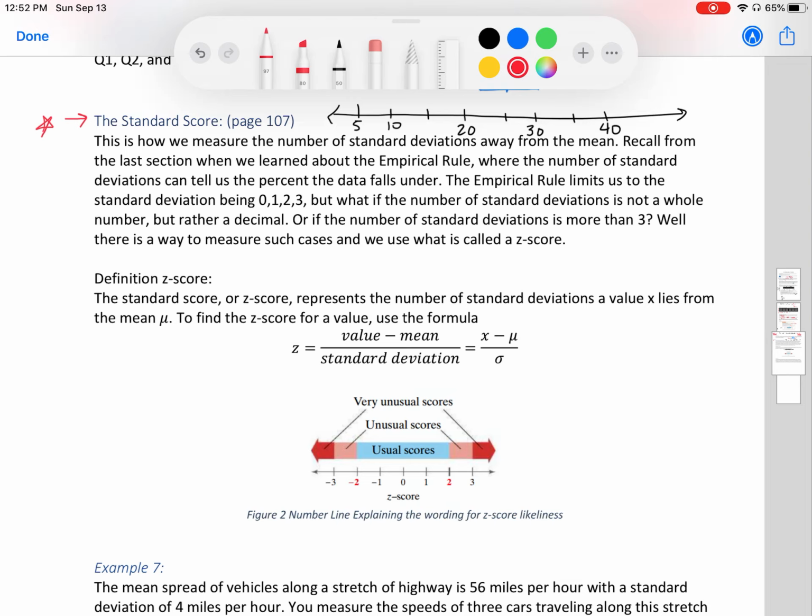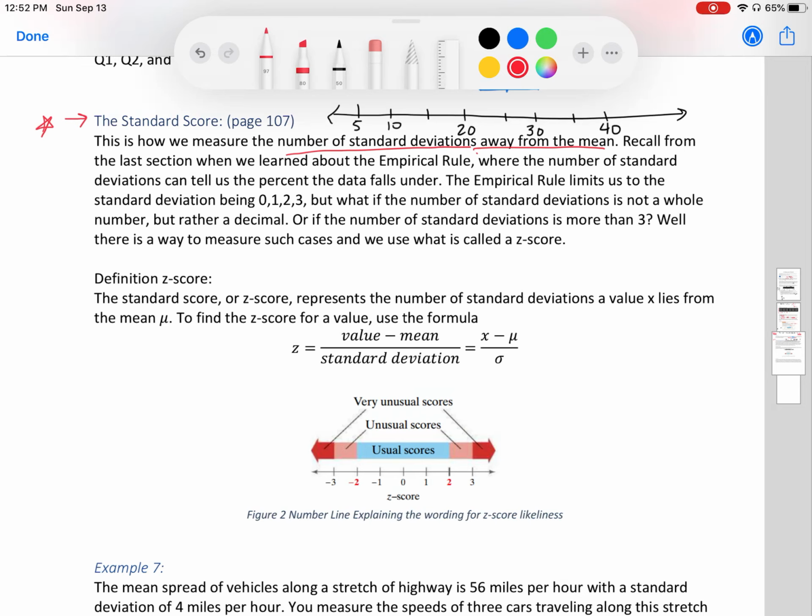The standard score. This is how we measure the number of standard deviations away from the mean. Recall from the last section when we learned about the empirical rule, where the number of standard deviations can tell us the percent the data falls under. The empirical rule limits us to standard deviations being whole numbers, 0, 1, 2, and 3, and negative 1, negative 2, negative 3.